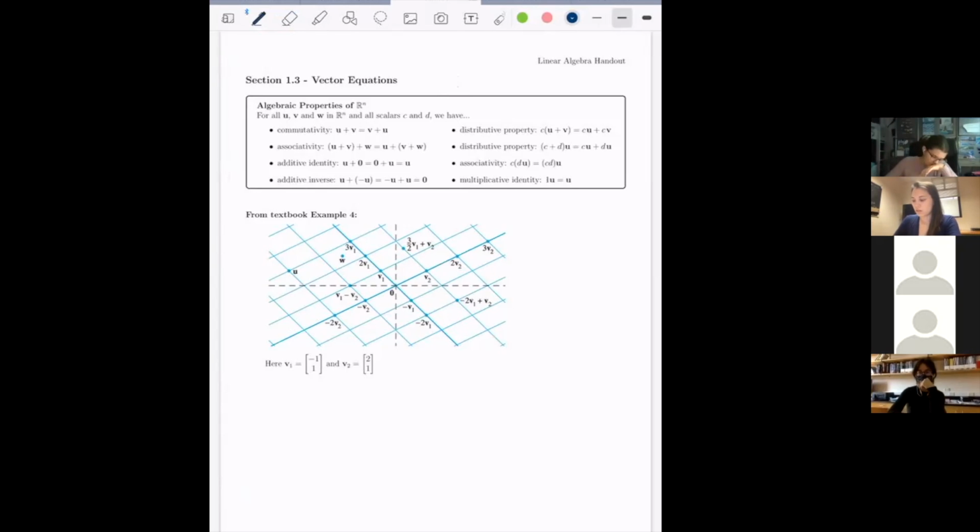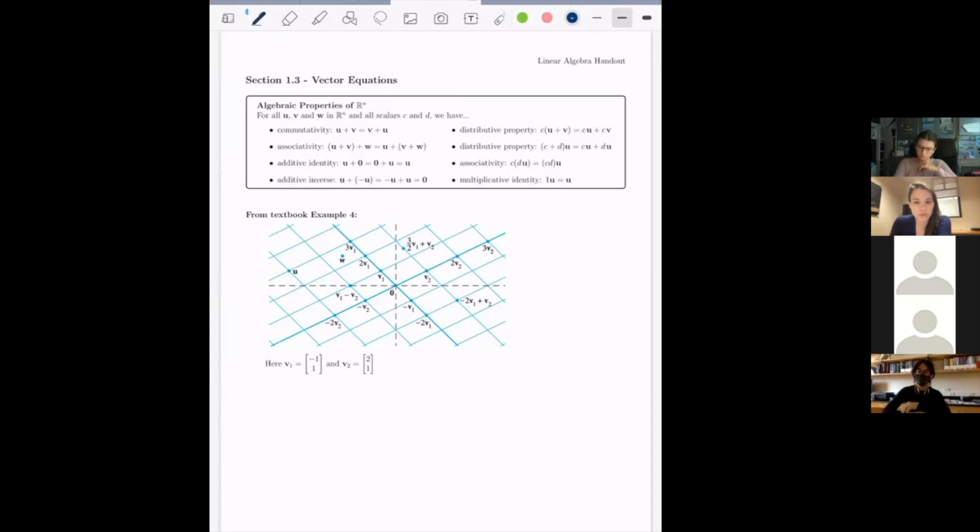So that we can add vectors in either order, or we can add the zero vector to any vector and get that vector back. So all of these things will come up later, but it's good to make note of them now.